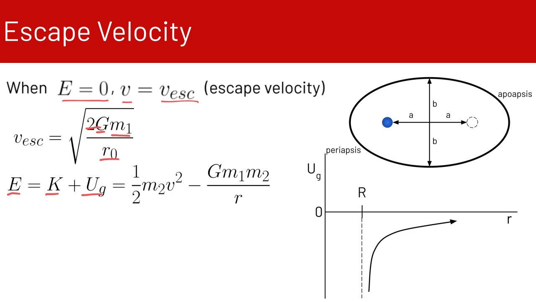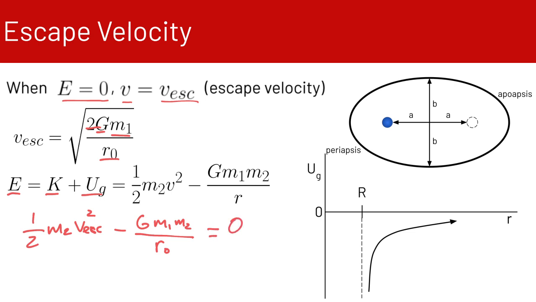We set this as escape velocity squared minus g m1 m2, and this we call r naught. So this is equal to 0.